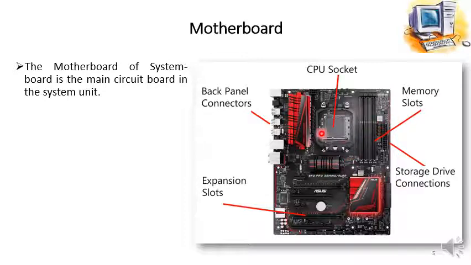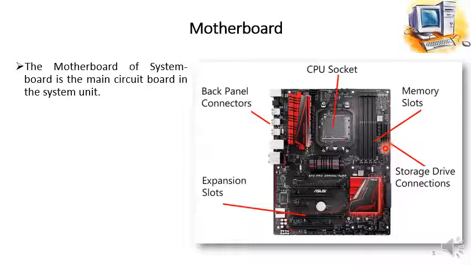For example, here in this picture we can see that the memory slots are there. We call it expansion slots also. So RAMs or the memory cards are inserted or plugged into these slots. Storage devices, storage drive connections.